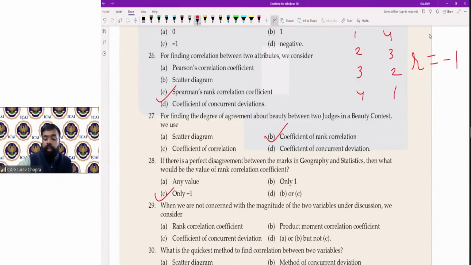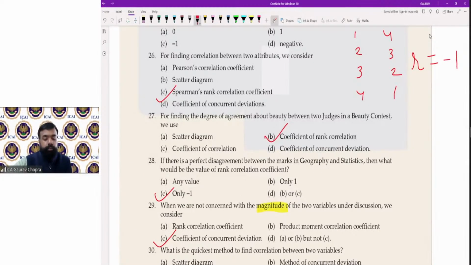29. When we are not concerned with the magnitude or value, which method do we use? Then we use the coefficient of concurrent deviation.